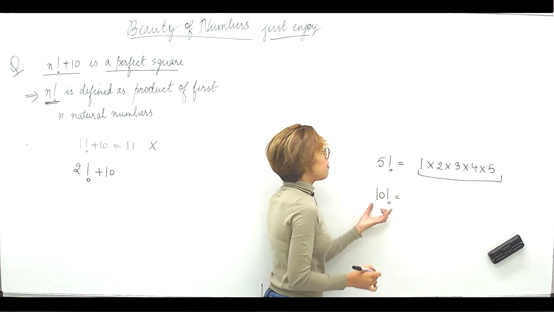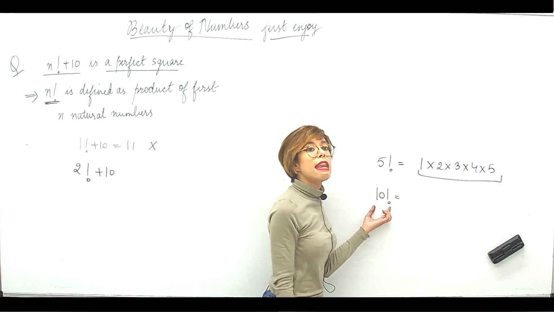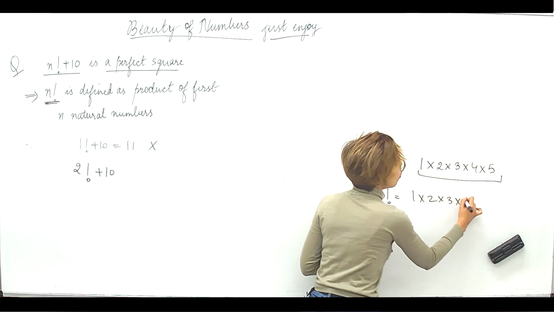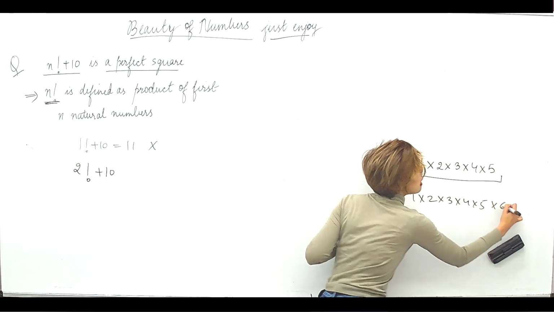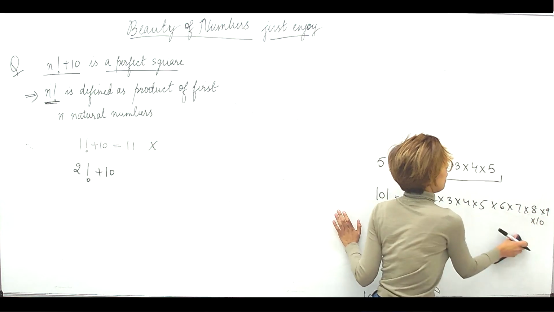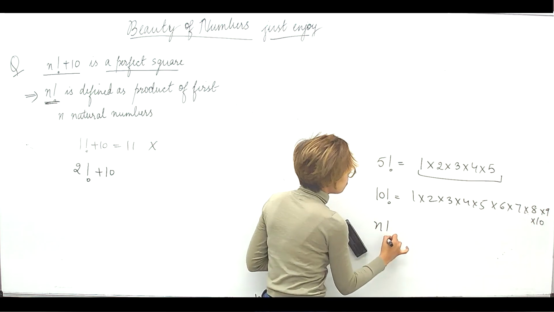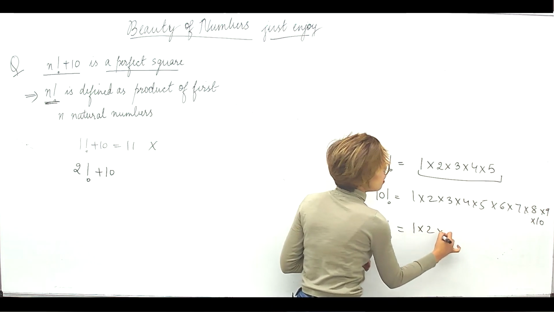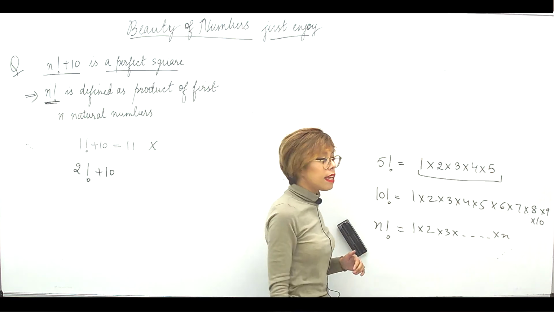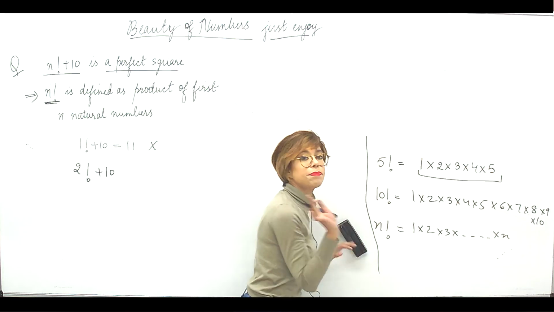This is nothing but the product of the first 10 natural numbers: 1 into 2 into 3 and so on till 10. So n factorial is 1 into 2 into 3 and so on till n. I hope that much is clear.